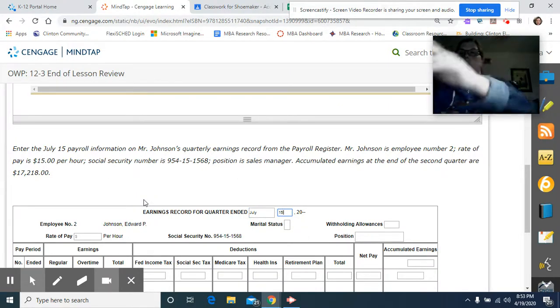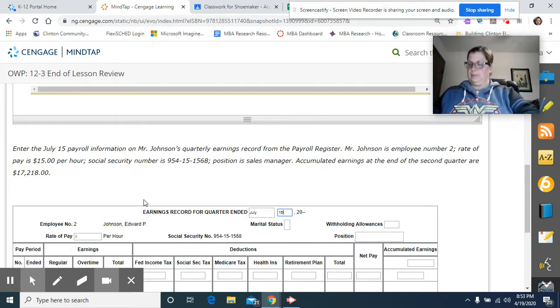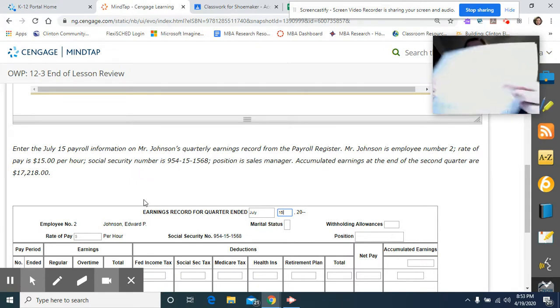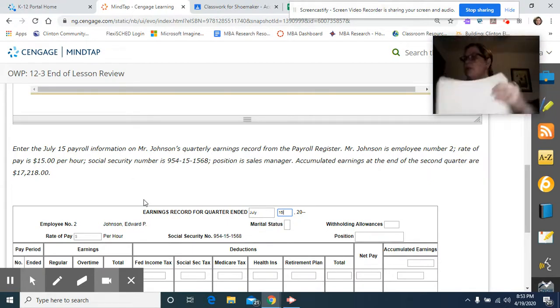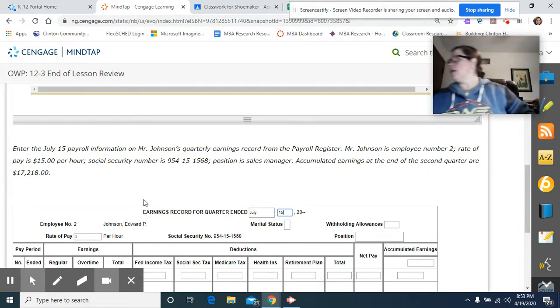So the answer key says it's September 30th. So this is another one of those weirdo things where the book and the program don't agree with each other. And with me and my lack of confidence in this subject matter, this just really throws me for a loop. So, okay.